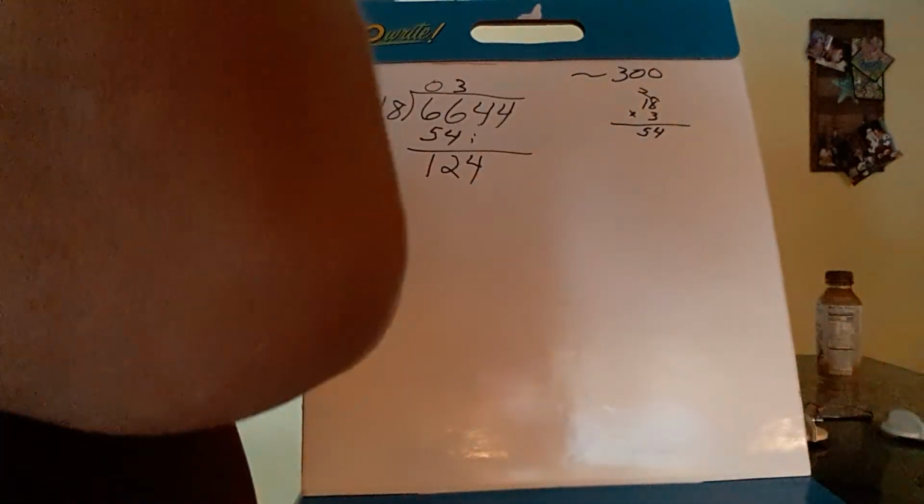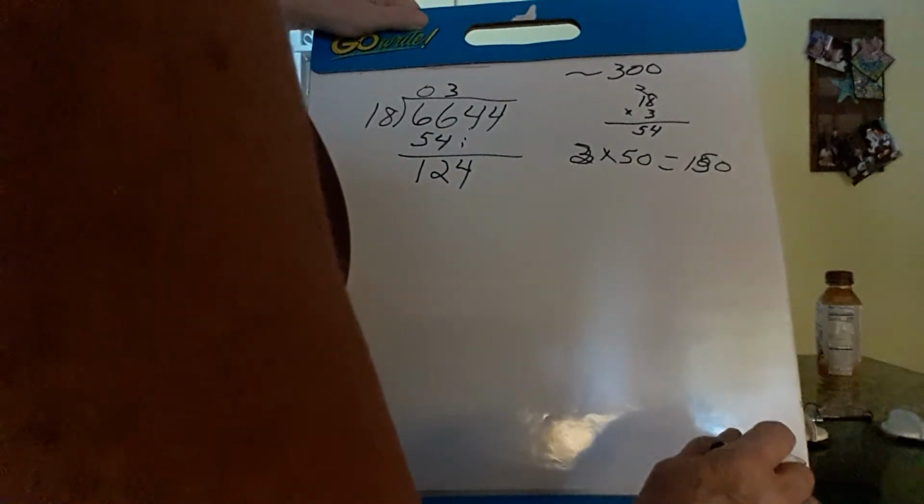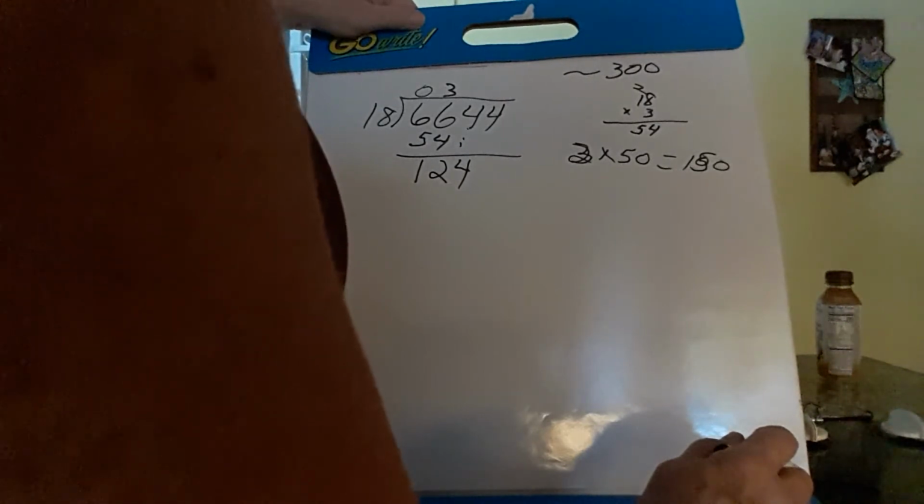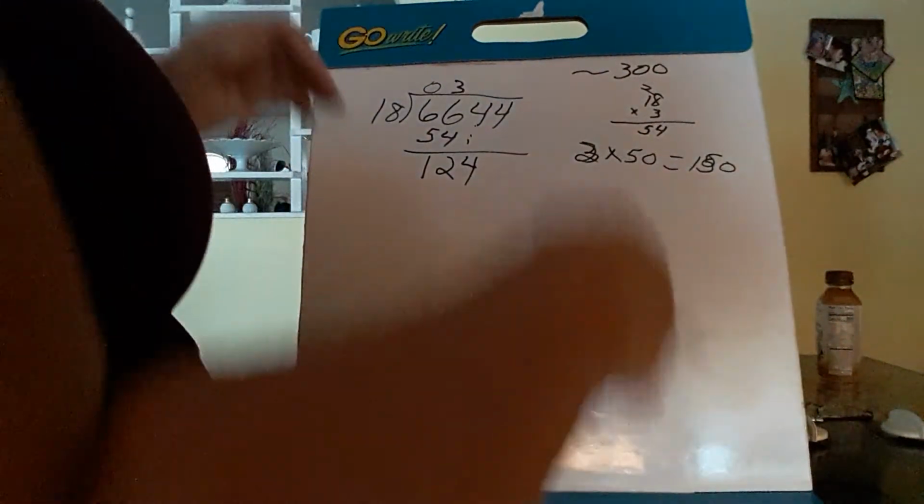Well, we already know that 2 times 50 is 100, and another 18, we can say 3 times 5 is 150, so let's try and go with 20 goes into 124. Okay, 5.